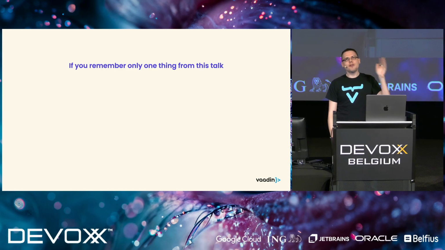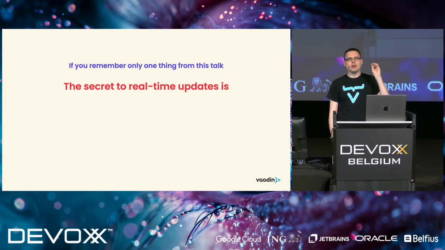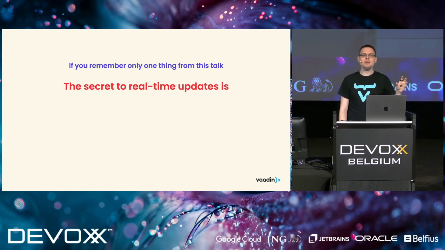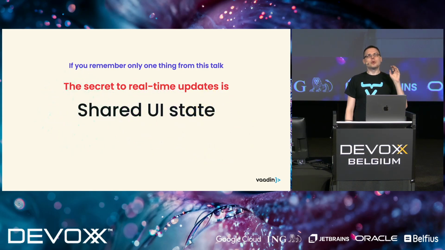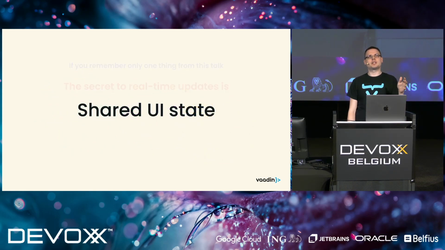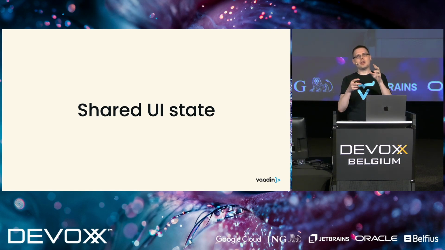So if you only remember one thing from what I'm going to be talking about, then you should remember that the key trick, in my opinion, to do real-time updating in a really simple way is to think of it as shared UI state. Because you've got these users, they work together, and some part of that UI state is shared between them.